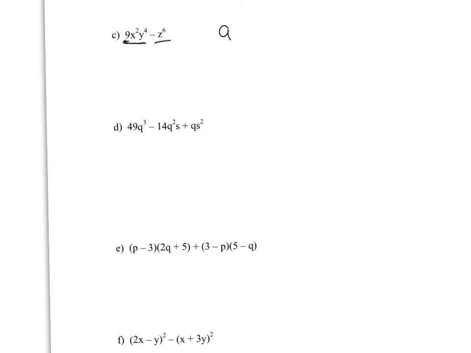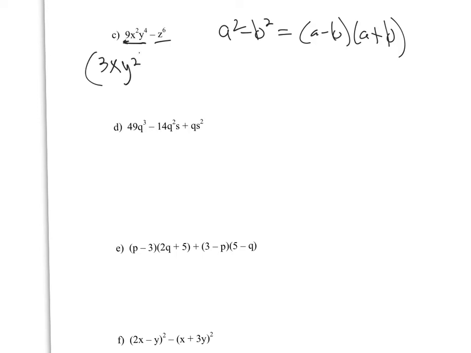So our basic pattern is a squared minus b squared is equal to a minus b times a plus b. And what that means is that we need to find the square roots of each term. So we have 3xy squared, that whole quantity squared, minus z to the third, that quantity squared.